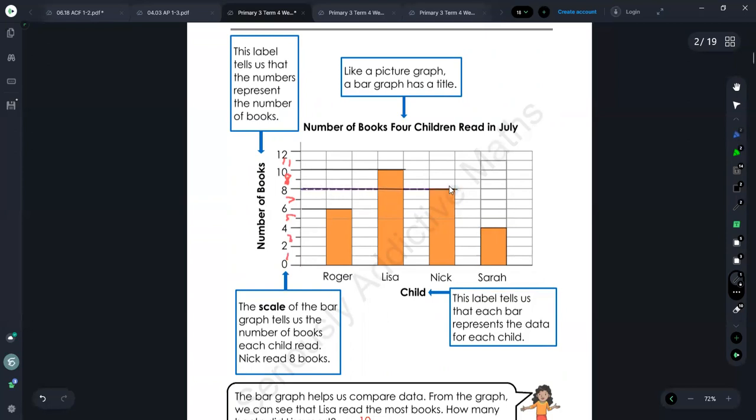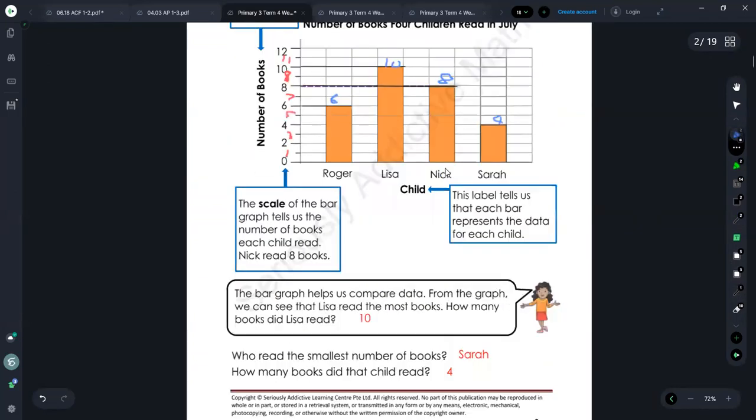Once they've done it, to make it easy for them, they can go ahead and write the numbers on top first. So this is 6, this is 10, this is 8, and then this is 4. After that, it will be easier for them to answer the questions later. So make this a habit for them.